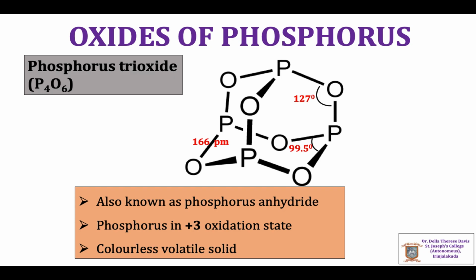It is 166 picometer. All the oxygens are bridging oxygens which connect two phosphorus atoms. The oxidation state of phosphorus in P4O6 is +3. The molecule is a colorless volatile solid.